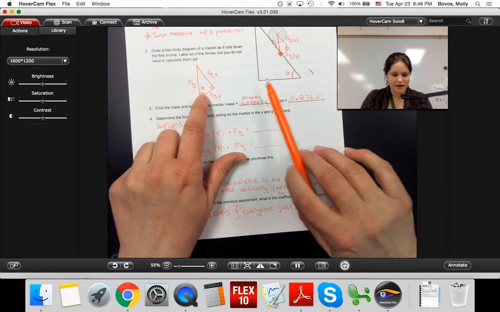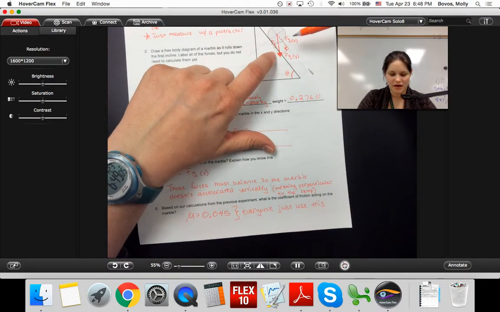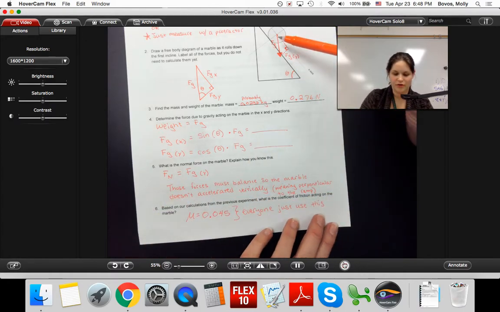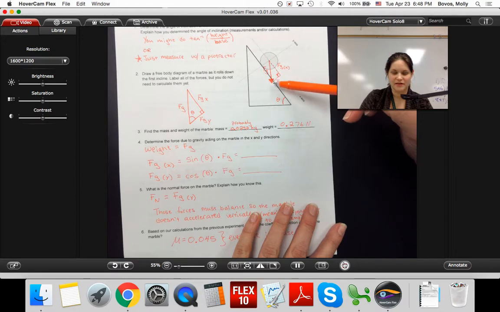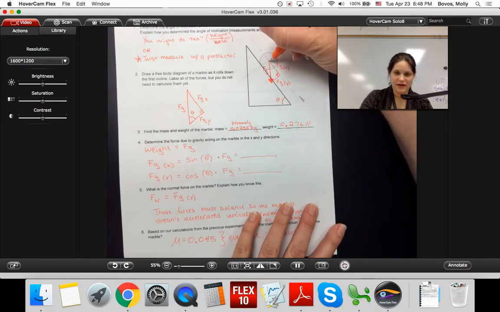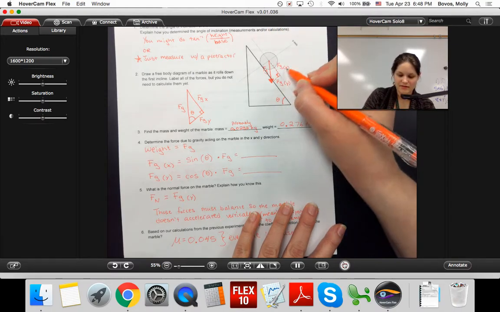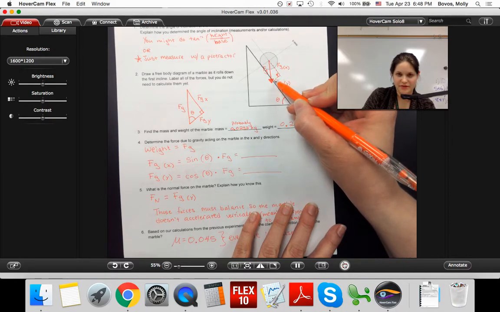Okay, then here's a free body diagram for the forces. We should have, of course, gravity pulling our object down the incline. It pulls directly into the surface, and then we have a portion of that that's acting parallel to the surface. That's FGX. And then we have a portion that is perpendicular to the surface.